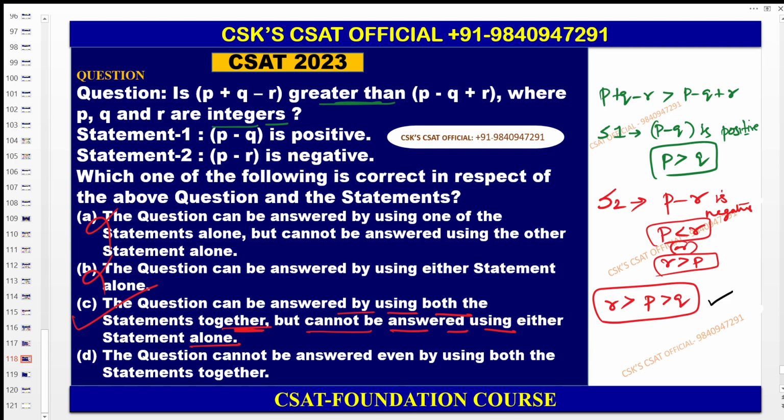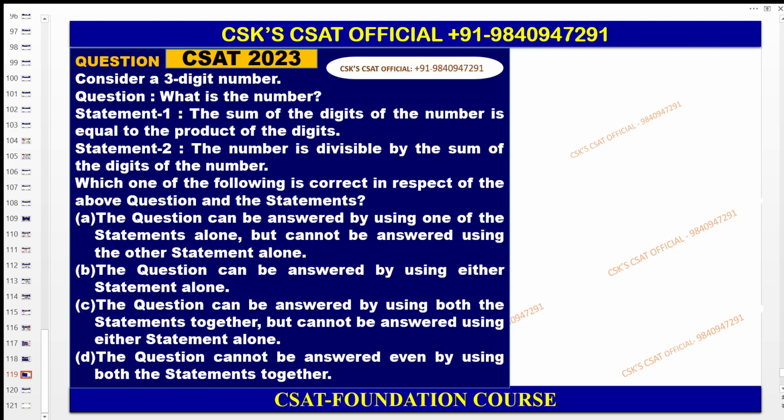Okay. Let us move on with the next. This question, listen very carefully. If you have very basic knowledge with respect to the 3-digit number, then by reading the statement and thinking of only one number in your mind, if you answer that number, surely that will affect your marks.